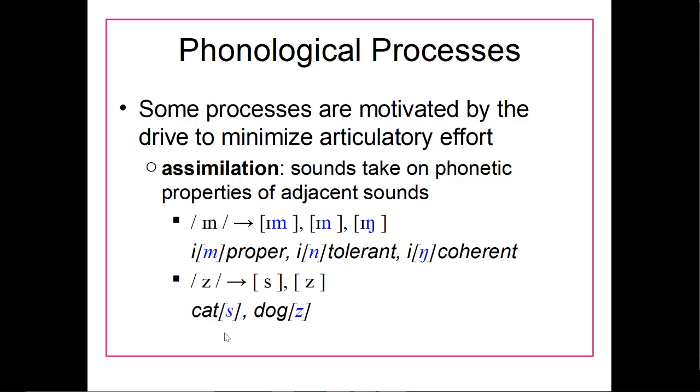If you think a little about why that might happen, it's because the t in cat is voiceless, and the s that we add on as the plural ending is also voiceless. So it's trying to keep voiceless sounds together, because sounds that are more alike are easier to pronounce in sequence. It's the same with dogs. We have the voiced z to go with the voiced g, because two voiced sounds are easier to say than mixing the voiced and the voiceless.